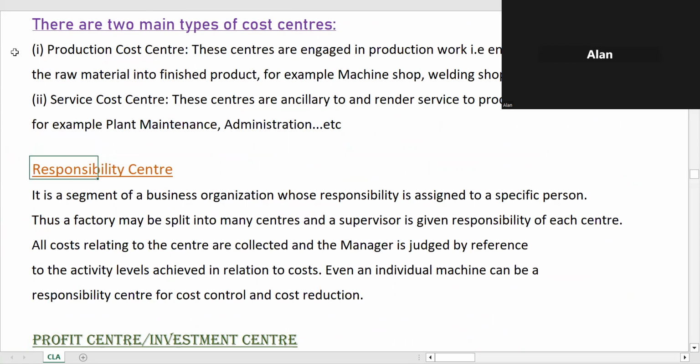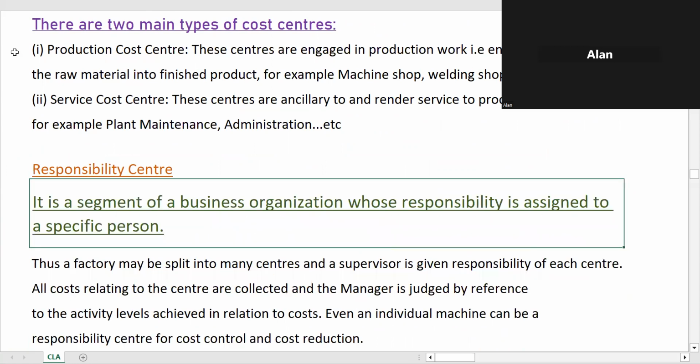The next thing is responsibility center. What is a responsibility center? It is any part of the organization, any cost center, which is headed by a human being.